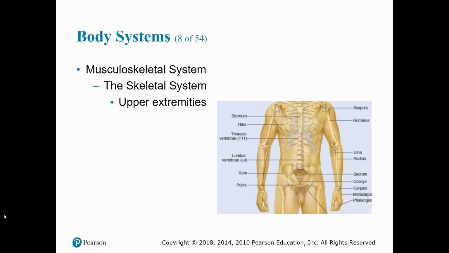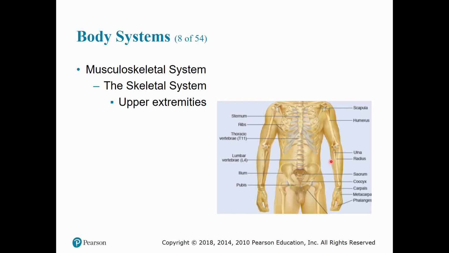Within your upper extremities, you have your humerus, scapula, humerus being your aka funny bone. Now, there's not an actual bone that makes up your elbow. Your humerus actually forms a joint with the bones in your forearm, which are your radius and your ulna.